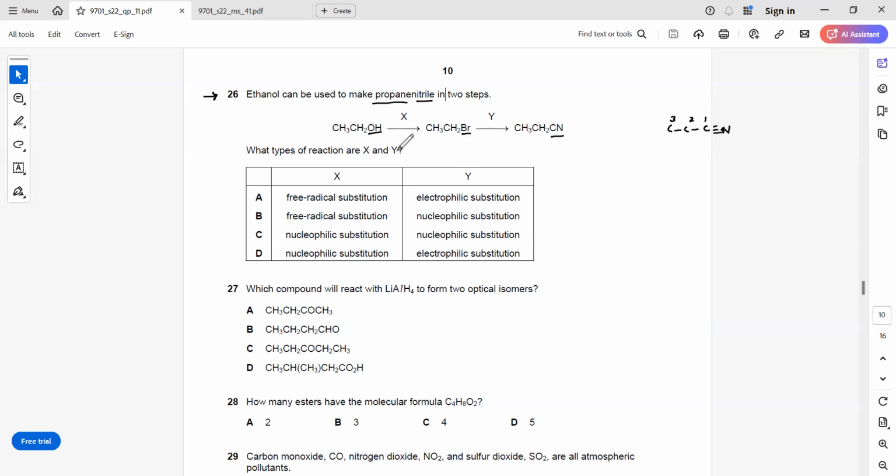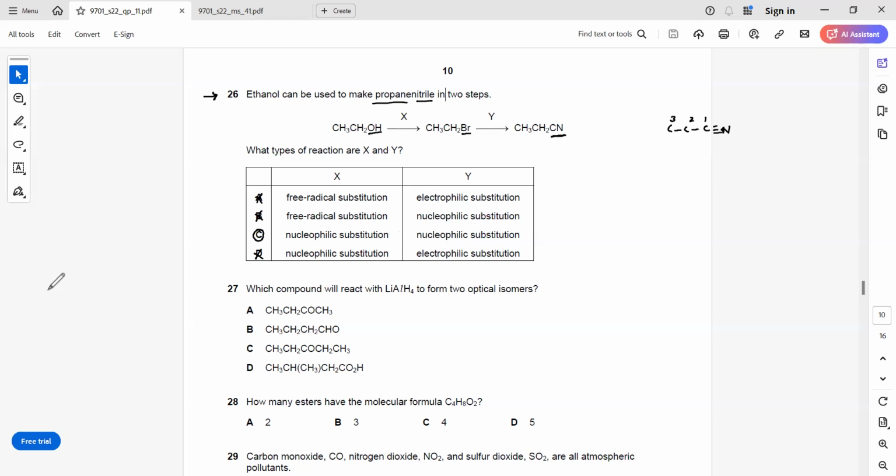So we can see it's a nucleophilic substitution reaction. It's not a free radical reaction, X. And in the next case, this Br group is substituted by a nitrile group. So it is again a nucleophilic substitution reaction. I think we discussed this one in the previous lesson, right?